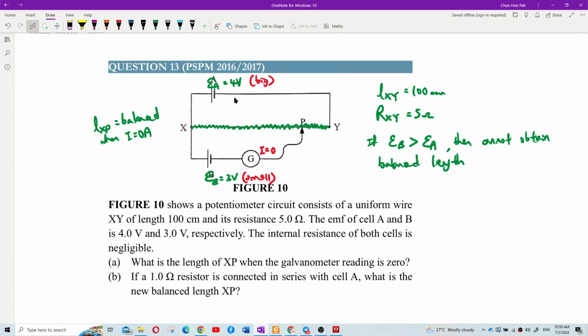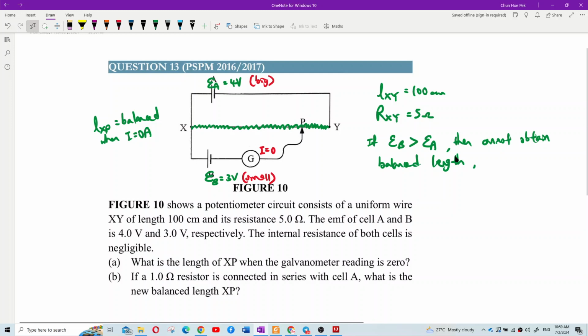You tak boleh cari point dalam wire ini, di mana galvanometer show zero reading. Ya, you cannot obtain a balance length. Kalau di bawah bateri besar, atas bateri kecil, you cannot obtain balance length.